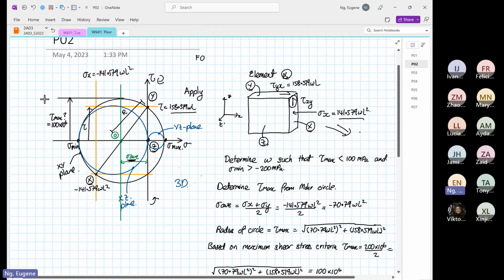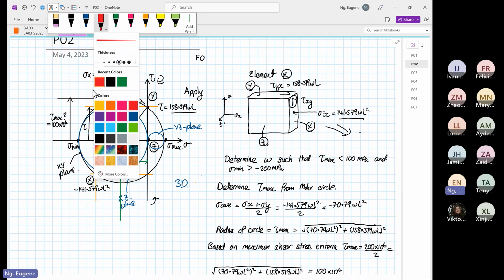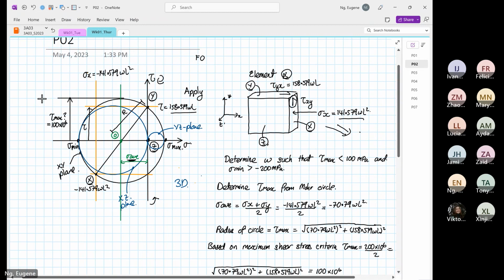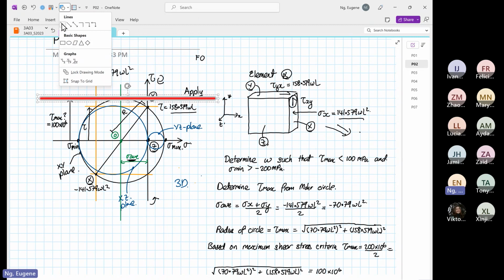Let me elaborate. I'm going to draw in red now, and I'm going to make the marker thick. So now we have put an upper limit on shear and also a negative shear at the bottom.